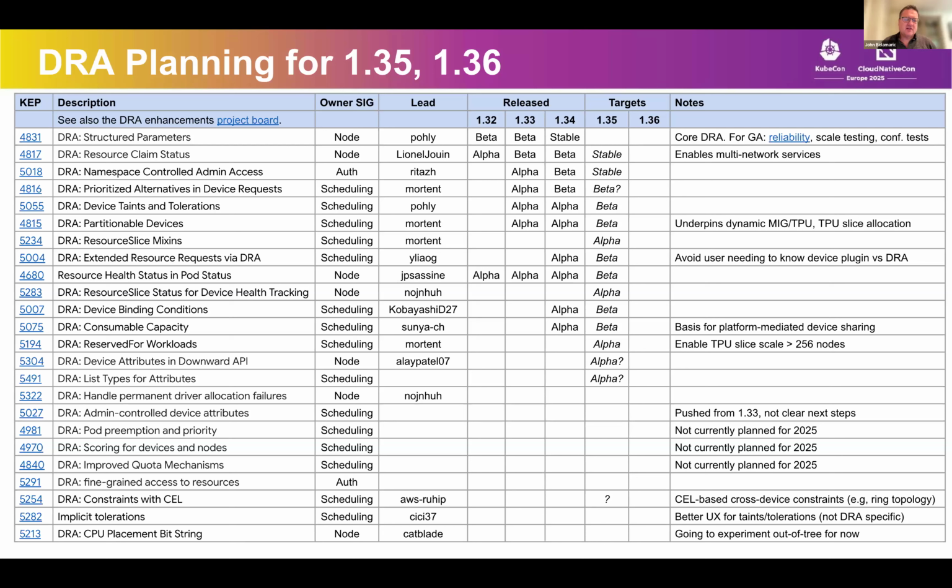And so then, Geeta, the one near the bottom here are constraints with cell. We talked about this last time. That one will evolve into something more purpose-built, versus something as generic as a cell expression. Right. So I'm working on drafting an initial proposal for it, where the UX is a new type of constraint, that it's connected.